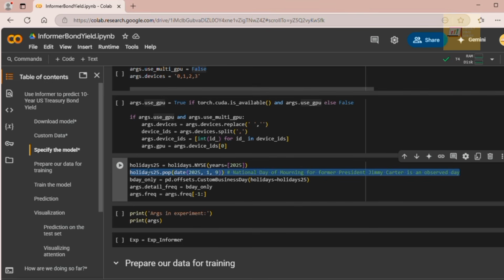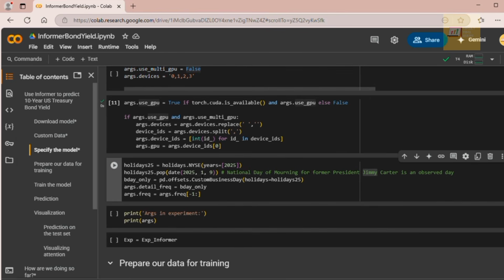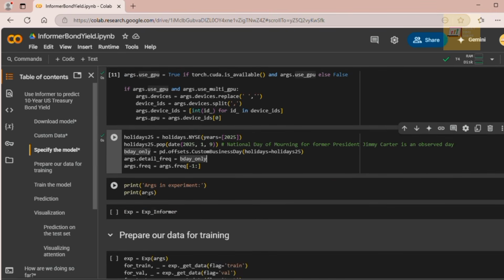If you run the first line only, we will get that January 9, 2025 is also a holiday. It's a national day of mourning for former President Jimmy Carter. But it's actually an observed day according to the federal calendar. So that's why I'm popping this date out of the holidays list. And so that is my modification.